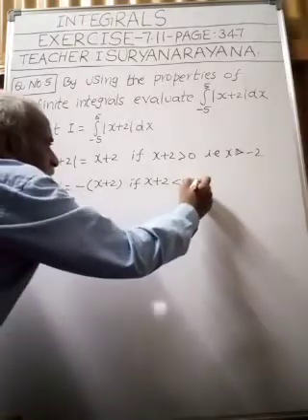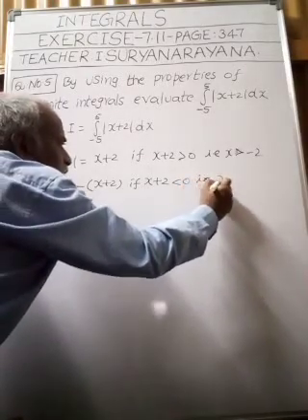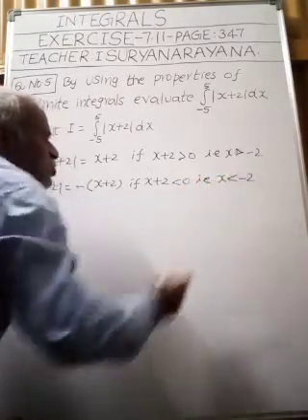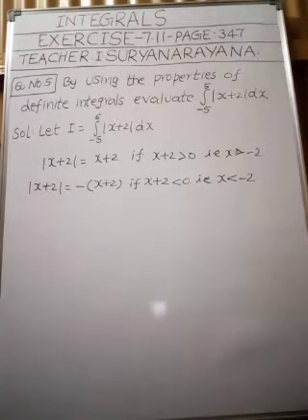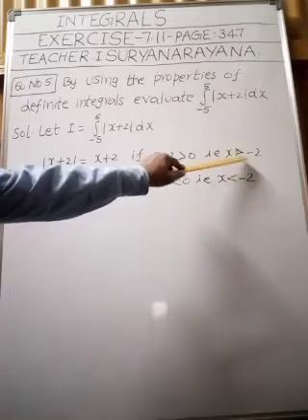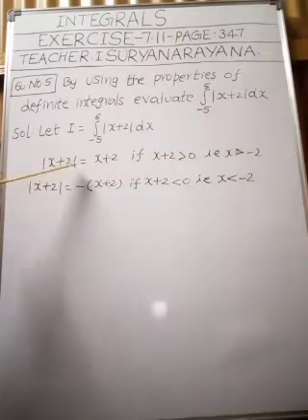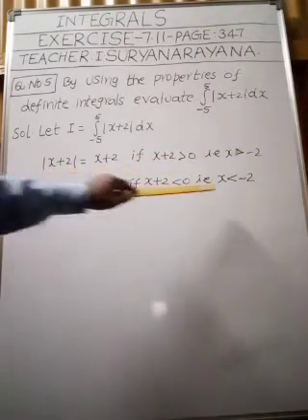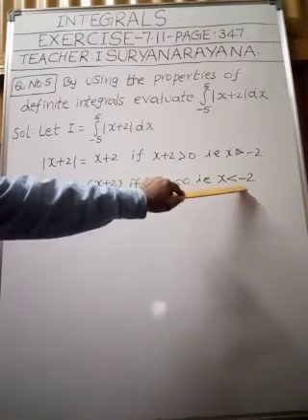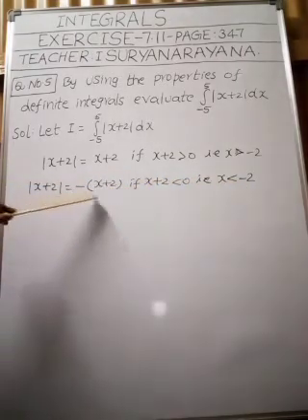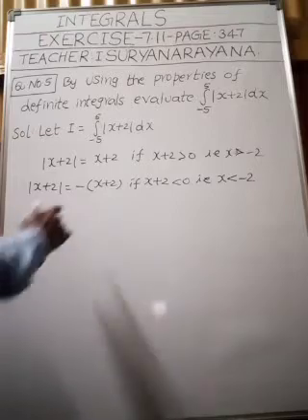This implies that x is less than minus 2. Understood this part, my children? So if x is greater than minus 2, modulus of x plus 2 is equal to x plus 2. If x is less than minus 2, modulus of x plus 2 is equal to minus of x plus 2.